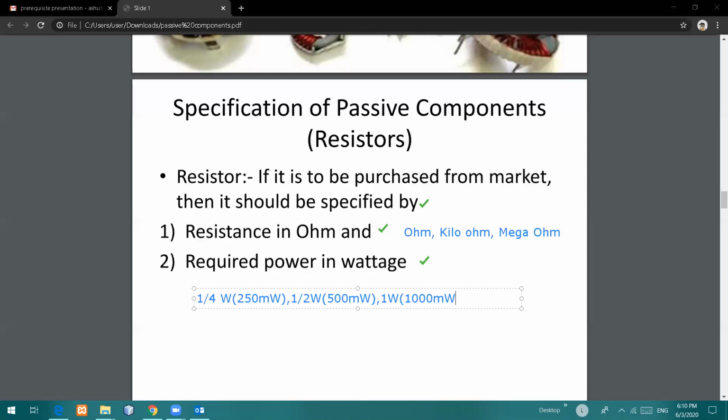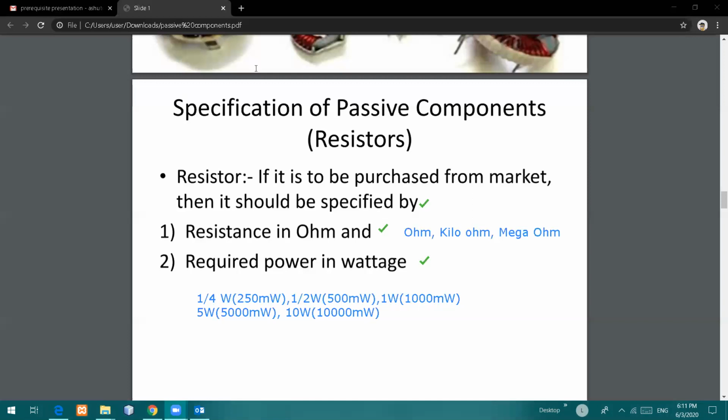Then next 5 watt, which is also equal to 5000 milliwatt. Then next 10 watt, which is also equal to 10,000 milliwatt. So these are the different types of wattage the resistors are available in in the market.